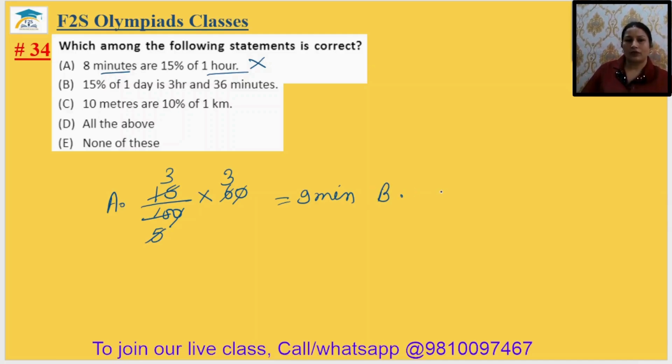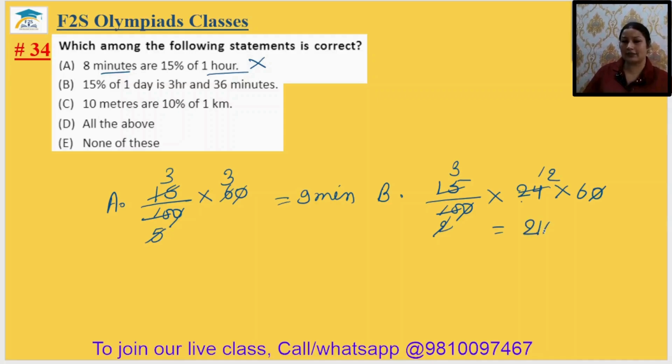Option B, 15% of 1 day is 3 hours 36 minutes. ठीक है, तो let's check it. 15% of 1 day is 3 hours 36 minutes. तो 1 day को हम कर लेते हैं यहाँ पे 24 hours में. तो but first we will do it in the minute. तो 24 hours into 60. 10 10 cancel. 5 2s are 10, 5 3s are 15, after multiplication 12 6s are 72, multiply by 3, so we will get 216 minutes.